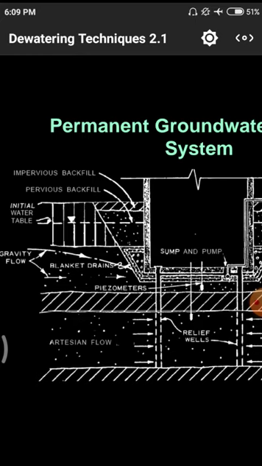So whenever we construct a particular sump system, we need to use this impervious backfill on the top level of the surface. Whenever we construct this impervious backfill, the water is not allowed into the structure, so there is no increase of the groundwater level due to these impervious backfills.